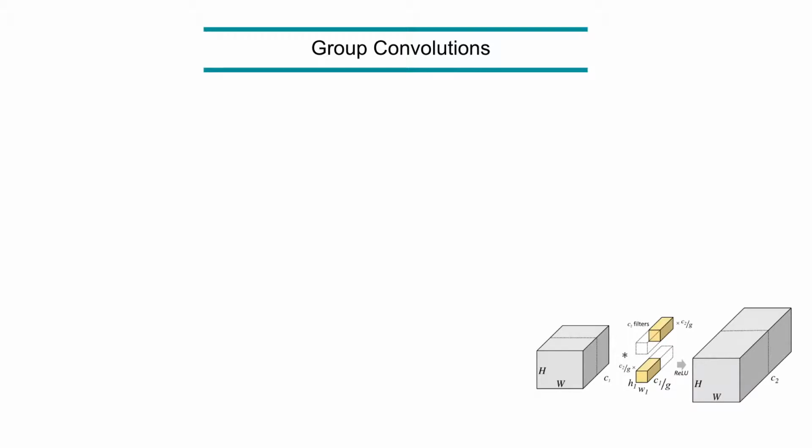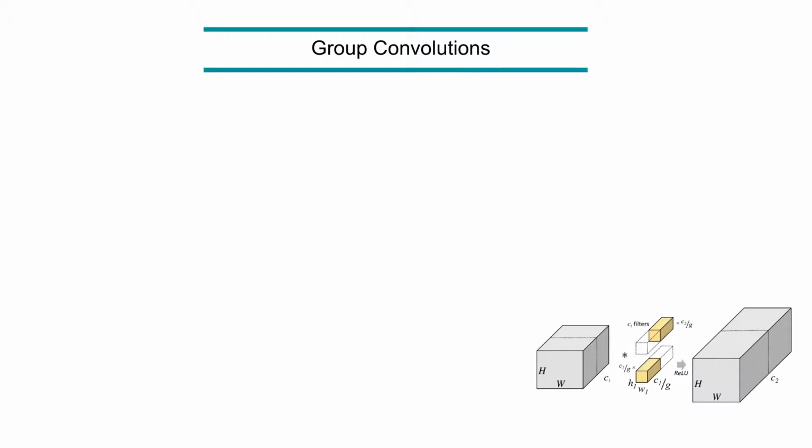group convolution idea. So group convolution is basically the idea of dividing the input tensor into multiple parts, multiple groups, and performing the convolution on those groups separately, and then combining again.